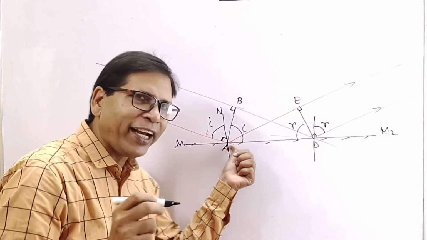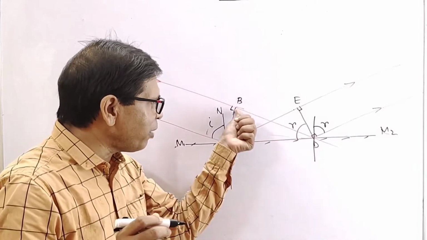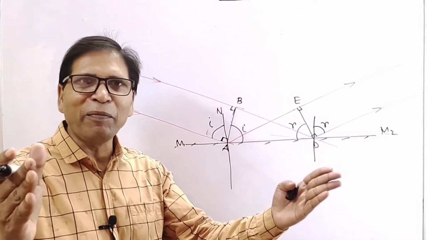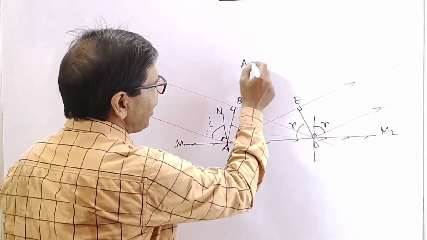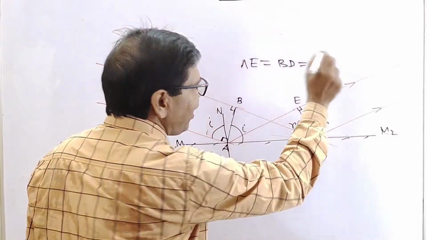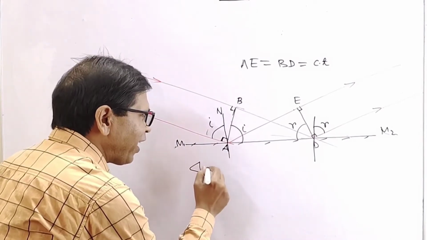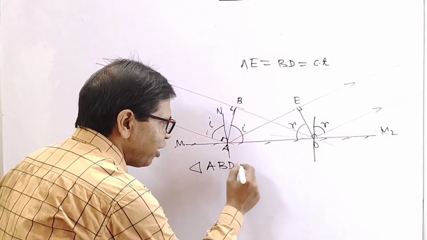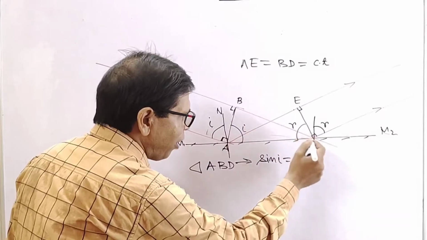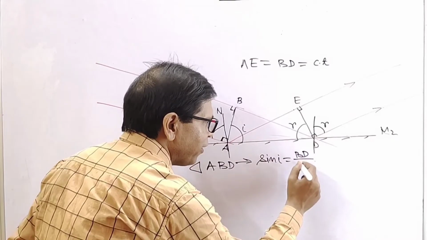Now the wavelet from A takes the same time to reach E as the wavelet from B takes to reach D. Suppose this time is t. Therefore AE equals BD equals c times t. Now from triangle ABD, sin i equals perpendicular by hypotenuse, so BD by AD.